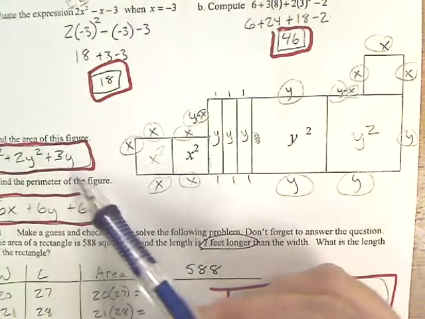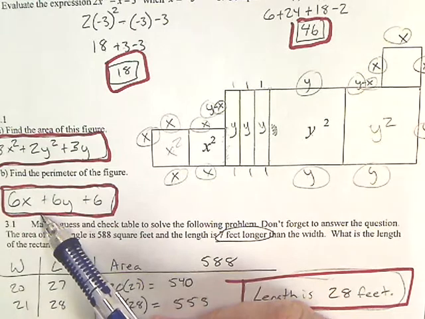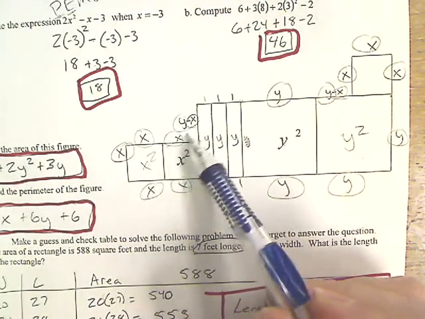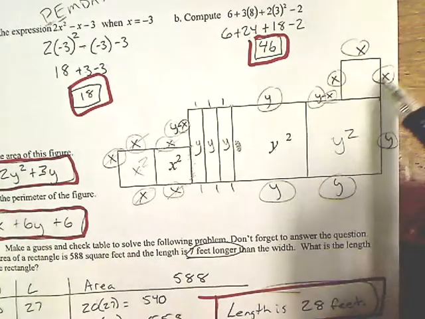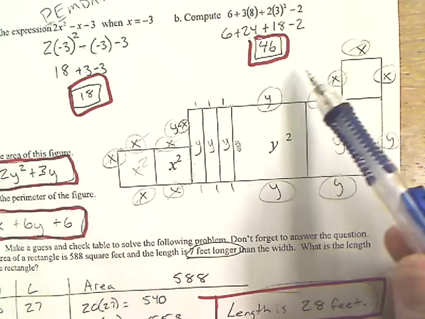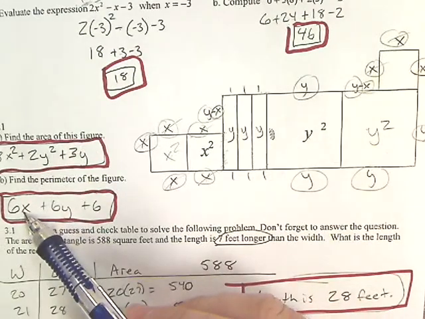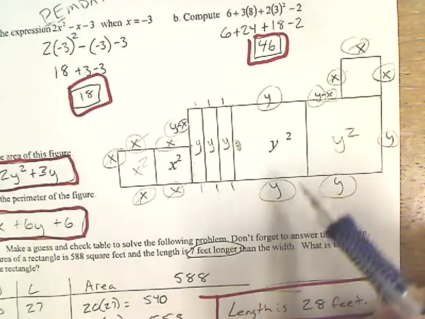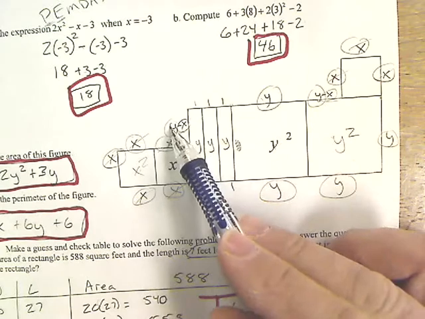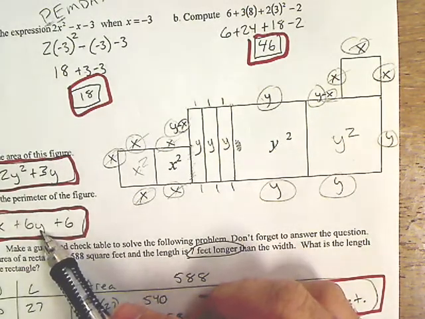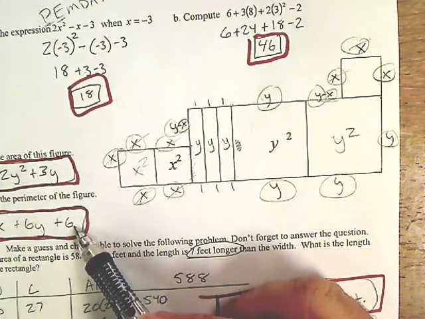So now to find the perimeter, which is the distance all the way around, I go 1, 2, 3, 4, 5, 6, 7, 8. 8 minus 2 is 6x. Then 1, 2, 3, 4, 5, 6y. Then 1, 2, 3, 4, 5, 6 x's. There's a lot of sixes.